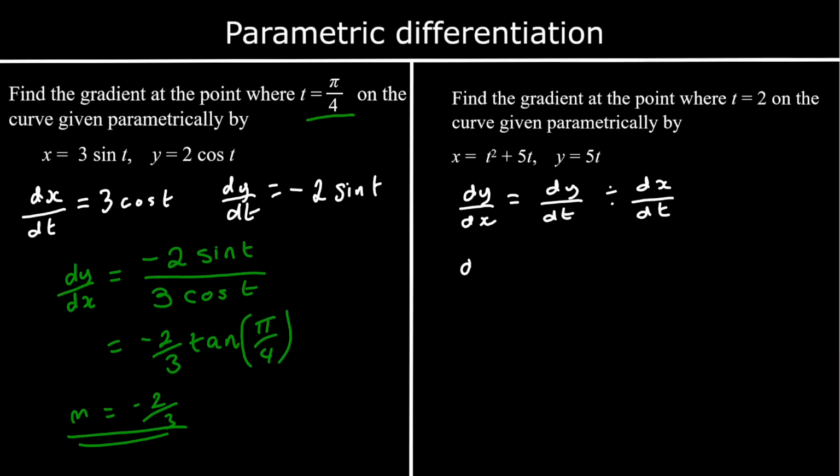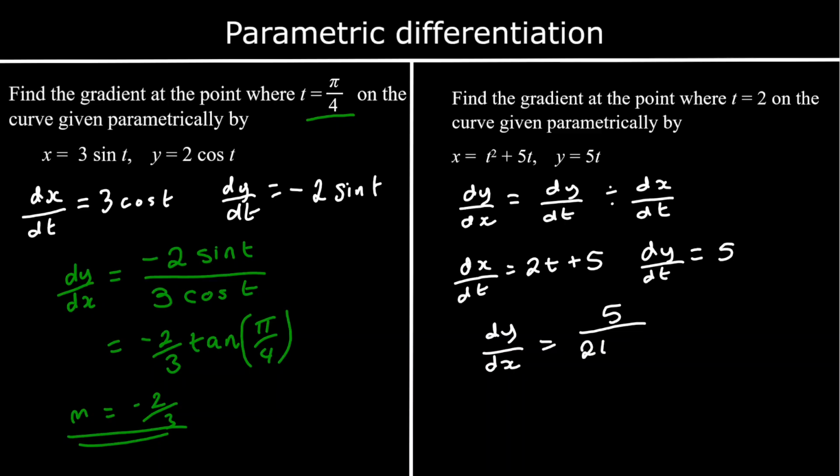So we want dx/dt, which is 2t plus 5, and dy/dt, which is 5. So dy/dx is 5 over 2t plus 5, and when t is 2, dy/dx is 5 over 2 times 2 plus 5, which is 5/9.